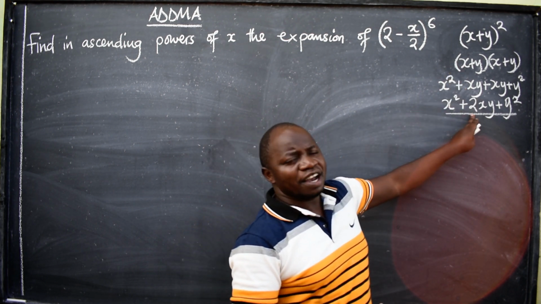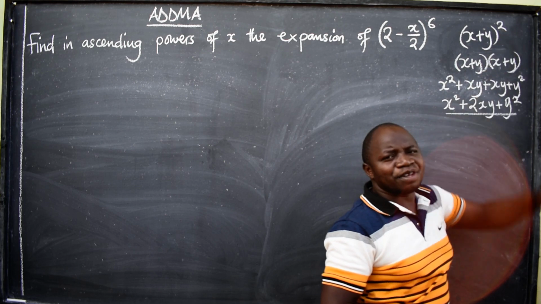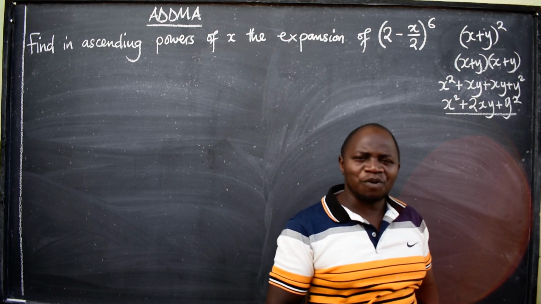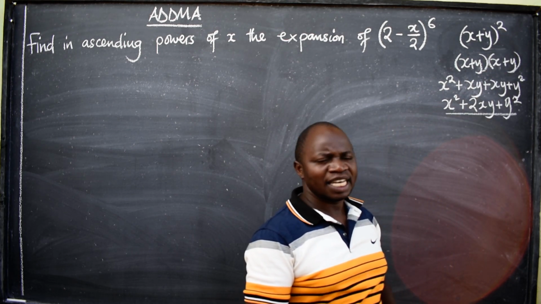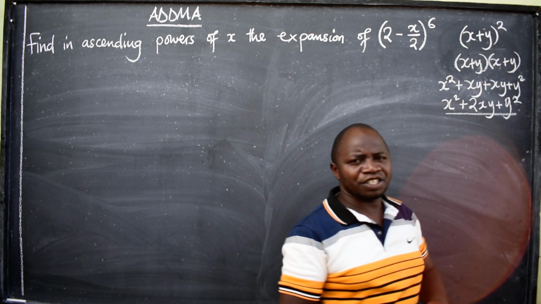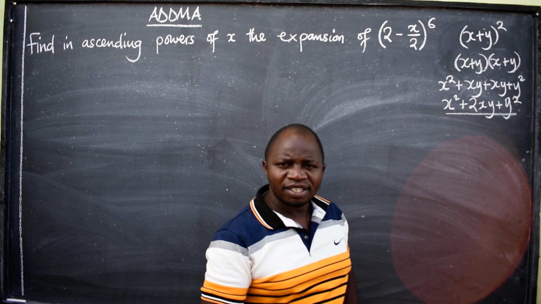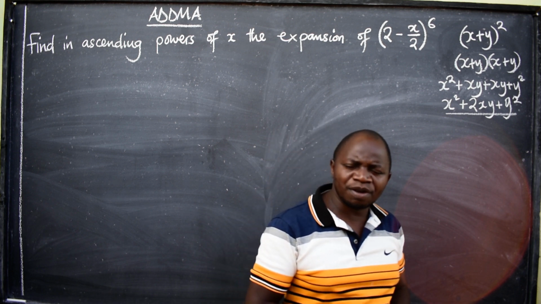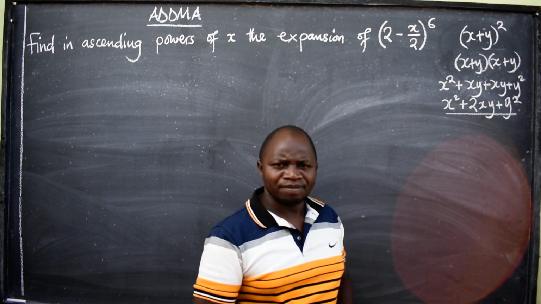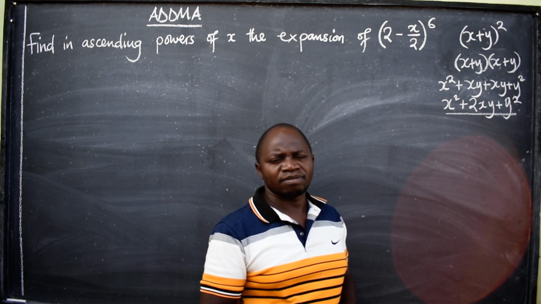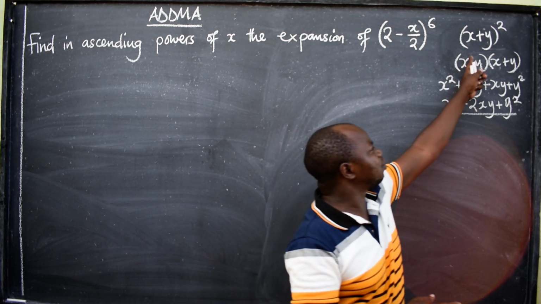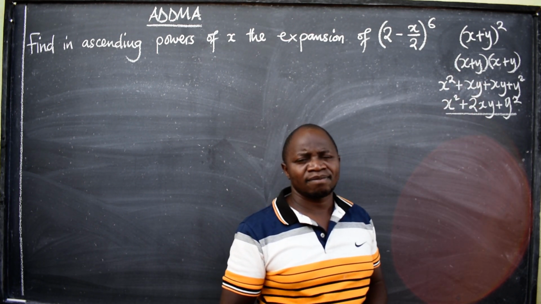This one was easy because it was raised to the power 2. Now what if you are given a binomial expansion which is raised to the power 30, to the power 12, to the power any positive power? Are you going to go on like this?